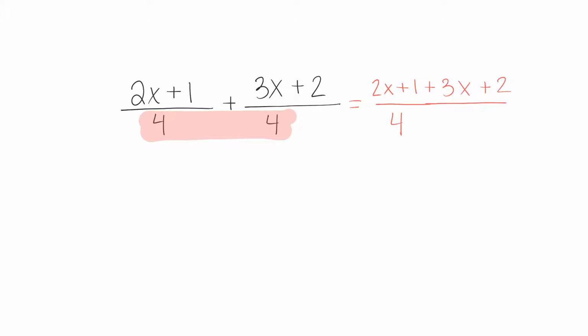That's what we've been doing in the other ones, right? So now we need to collect our like terms. So we've got x's and we've got whole numbers. So if we do that, we're going to have 5x plus 3, right? 2x plus 3x is 5x, and 1 plus 2 is 3. And our denominator hasn't changed, still 4. Take a look. Make sure there's nothing that you can factor out and cancel, and there's not. So we're done.